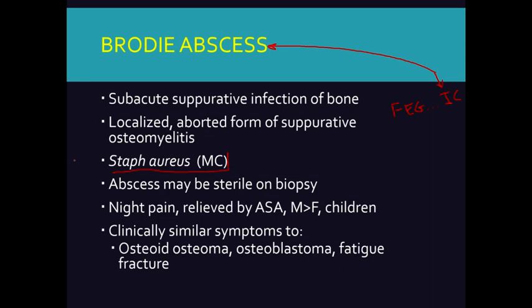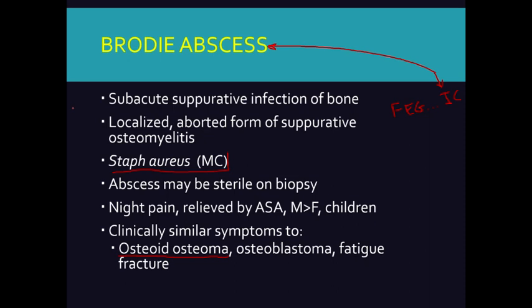So a common history is night pain relieved by aspirin in kids. Hey, where have we heard that before, right? That is the classic osteoid osteoma history. So this is a potential differential for an osteoid osteoma, both clinically and imaging wise, based on size.